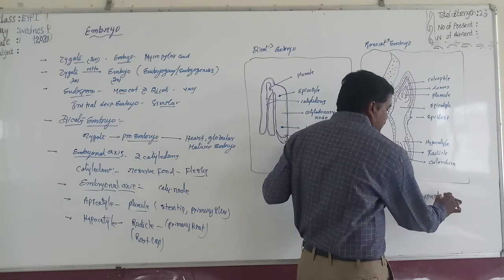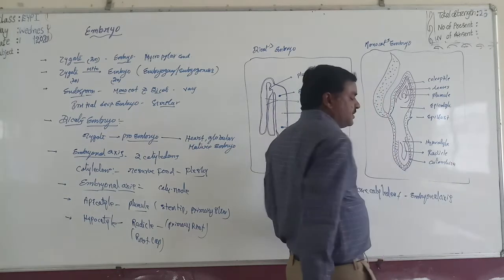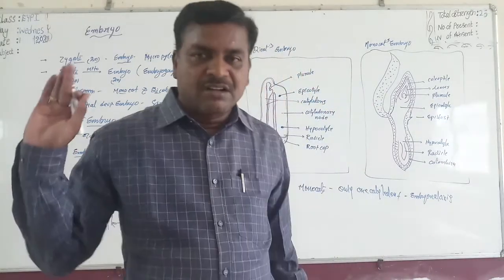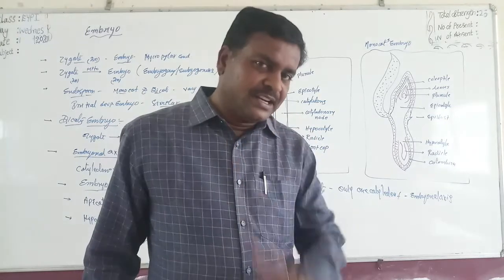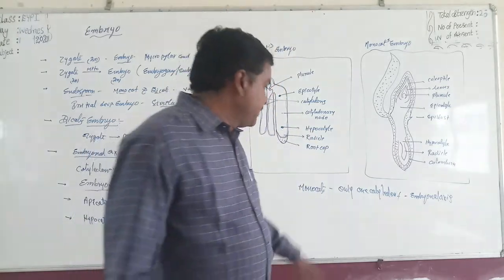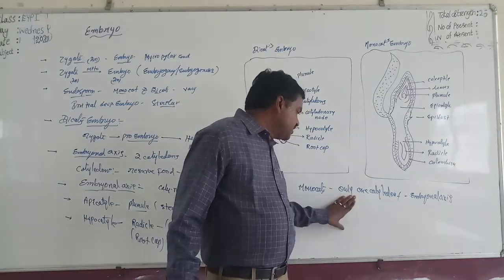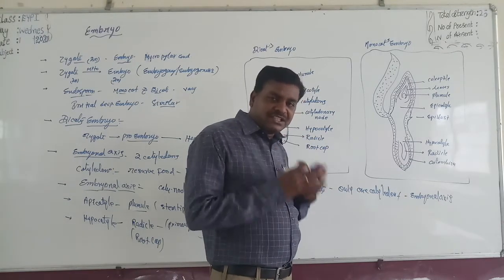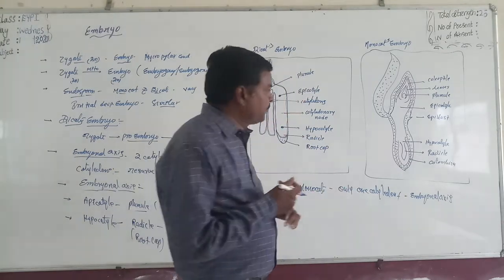The main difference between dicot and monocot embryos is that the dicot embryo is represented by two cotyledons, and only one cotyledon is present in the monocot embryo. The embryonal axis is common.